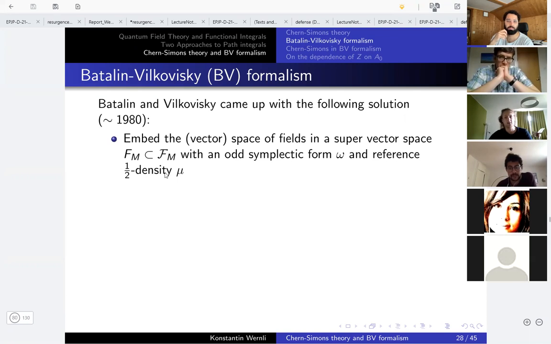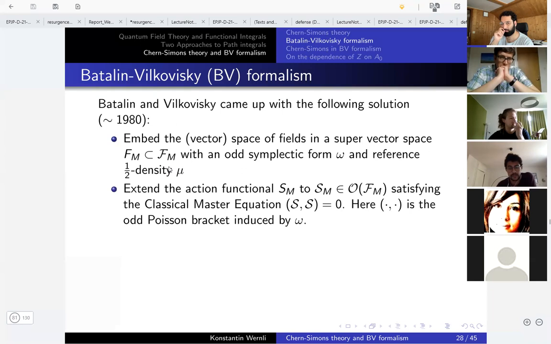So that's a technical detail. And I want to extend my action functional S to something called curly S in the structure sheaf of this super vector space that satisfies the classical master equation.